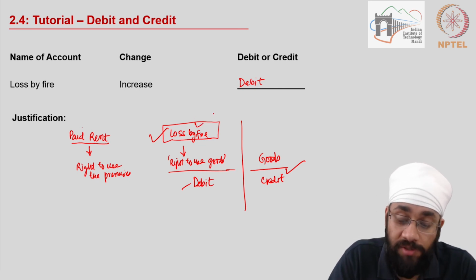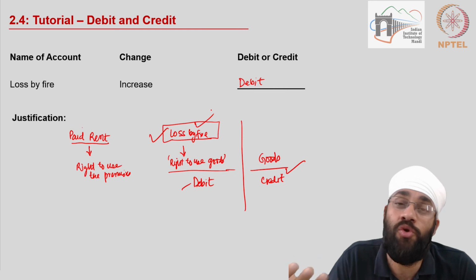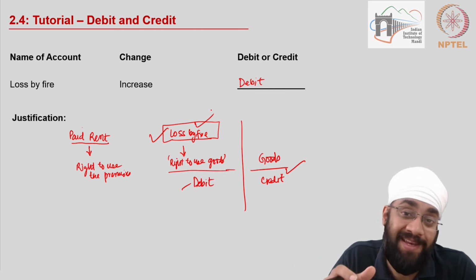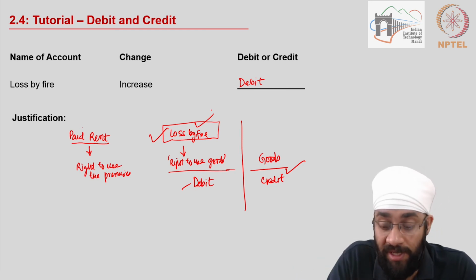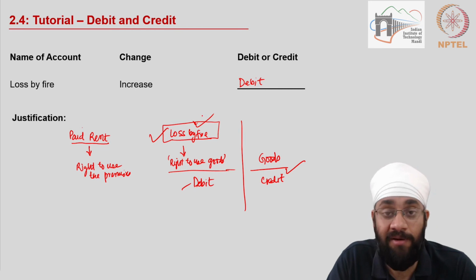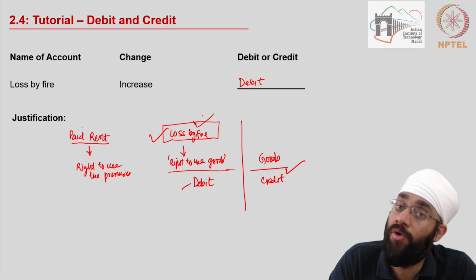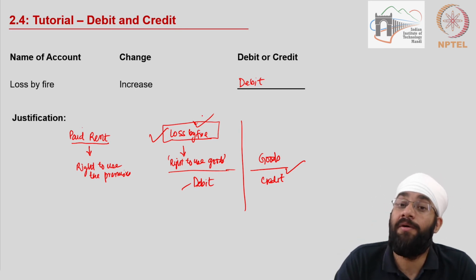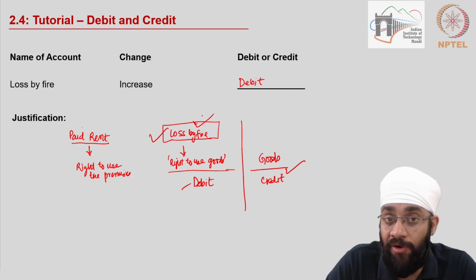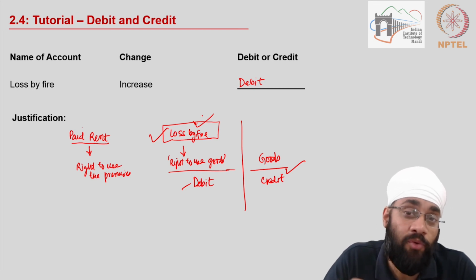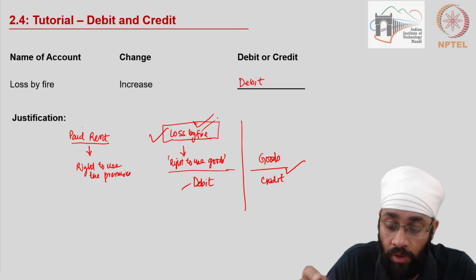So understand that loss by fire is kind of a dummy account to show that we did not earn any right. Typically, we would say this right has been earned and let's give it a debit, but no right has been earned. But in order to record this in the books of accounts, we have to create a dummy account which is called loss by fire.